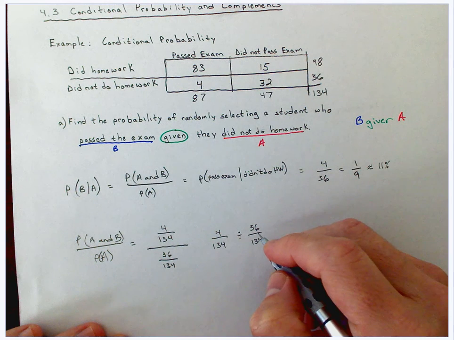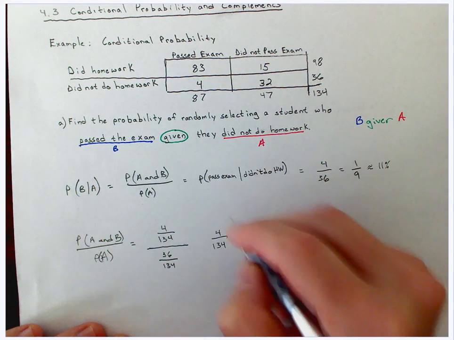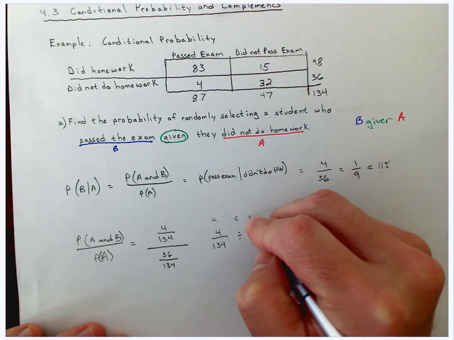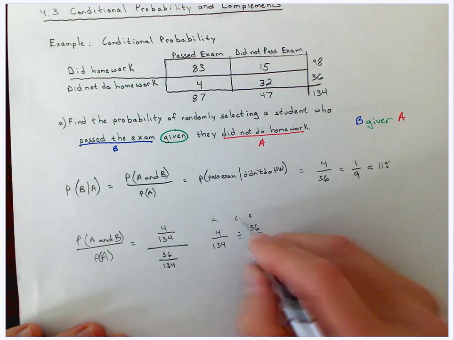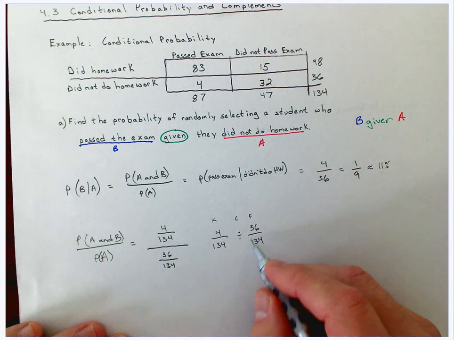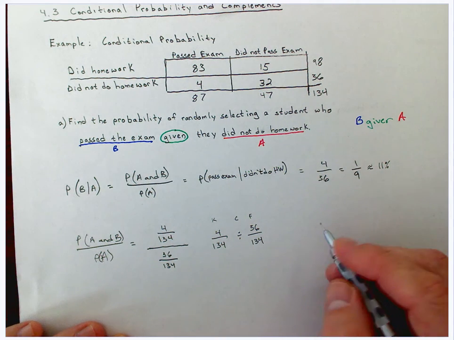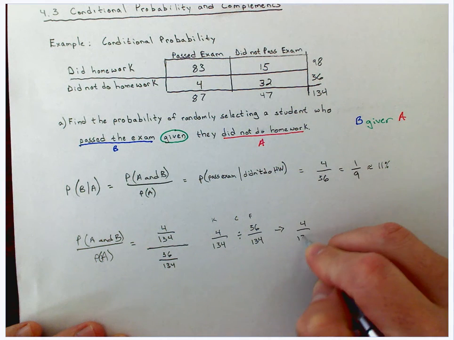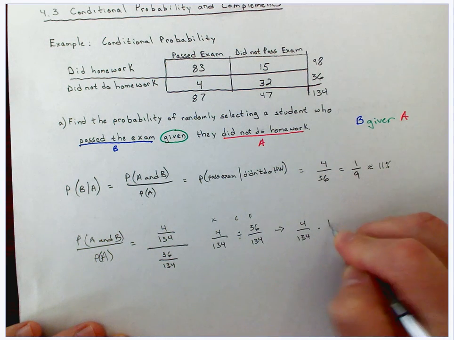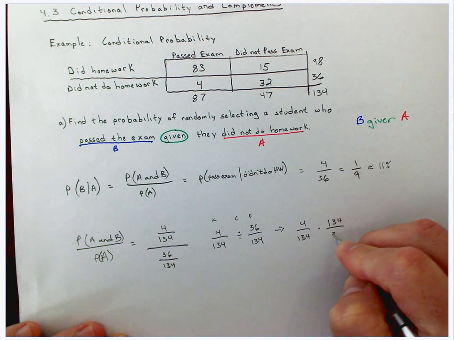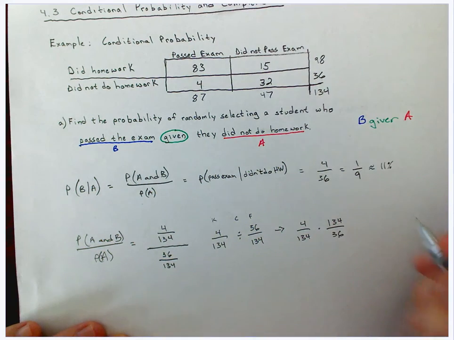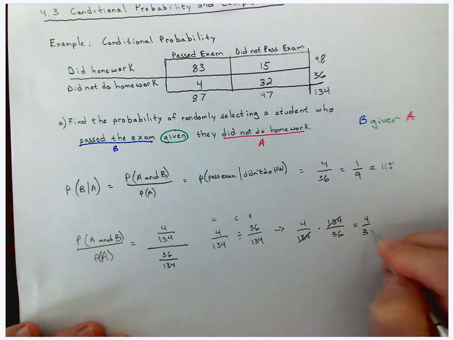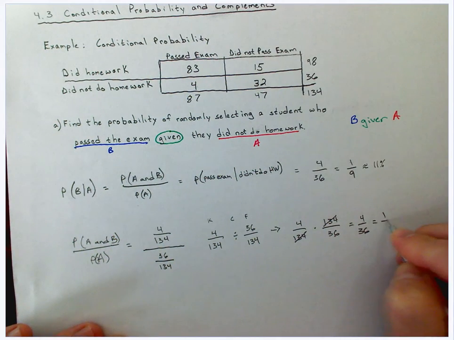Dividing is the same as multiplying by the reciprocal. In school you were taught the little saying keep, change, flip. Well, most likely y'all were taught it. Really all it's saying is multiply by the reciprocal to do your division. So what this problem turns into is 4 over 134 times 134 over 36. The 134s cancel out. I'm left with 4 over 36, which equals 1/9.